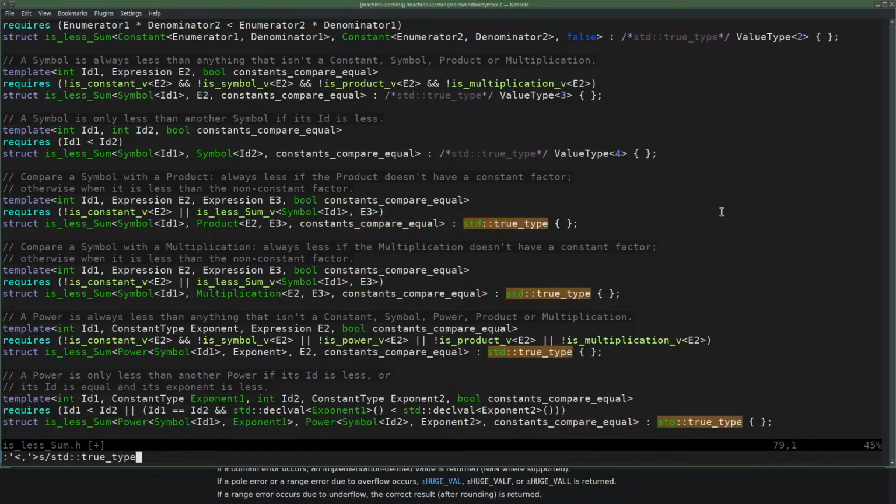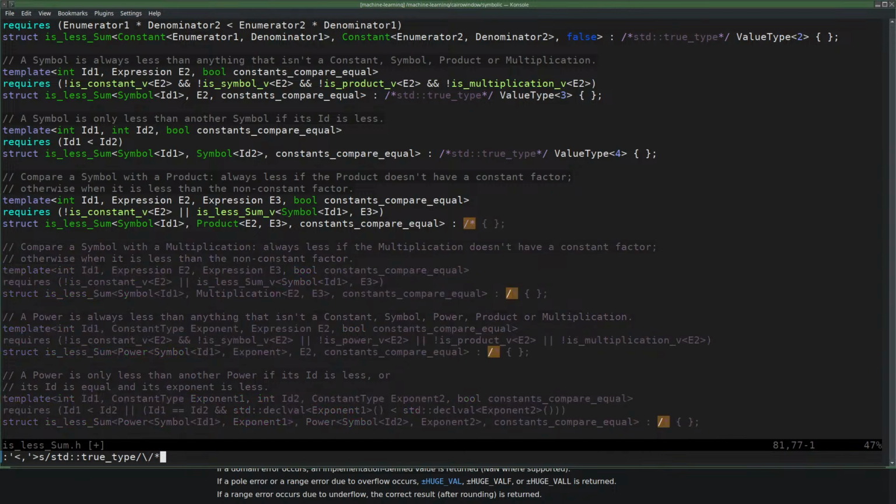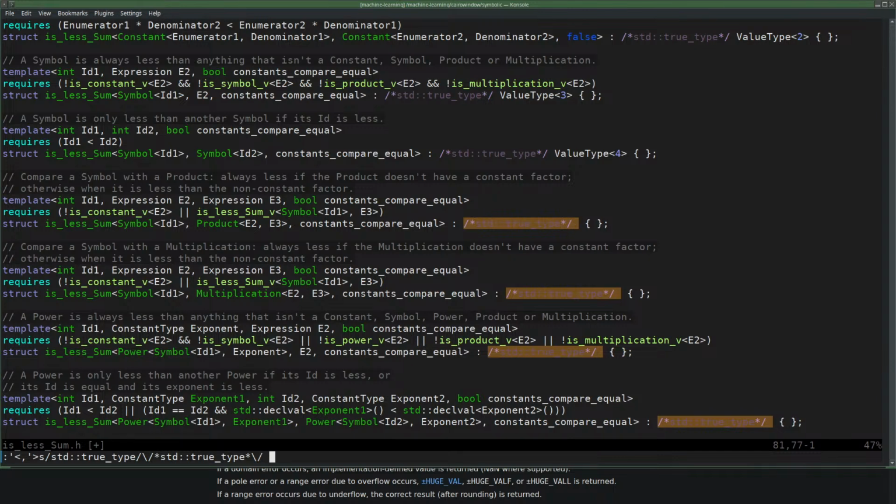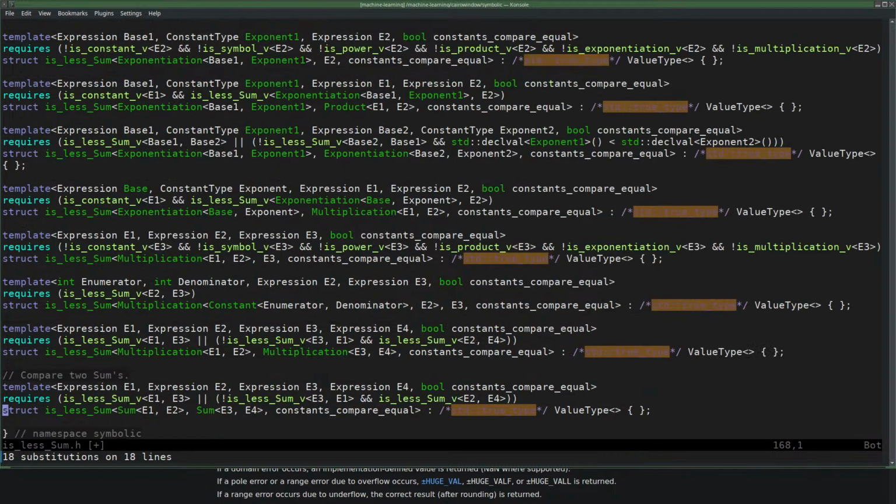Substitute standard true type with slash star standard true type, aka commented out, value type, and then some constants which I have to fill in.